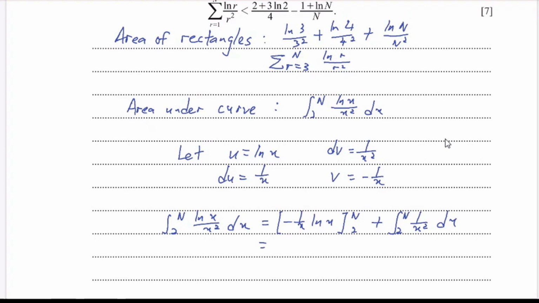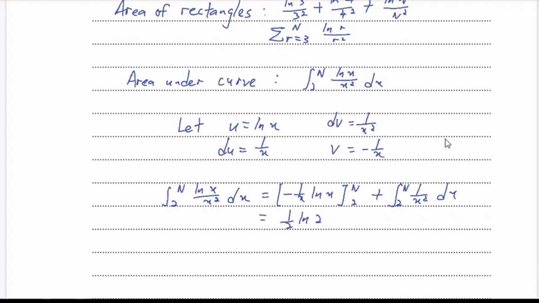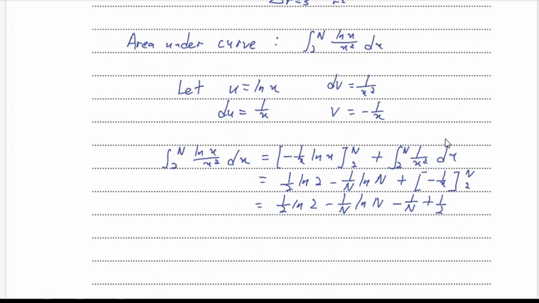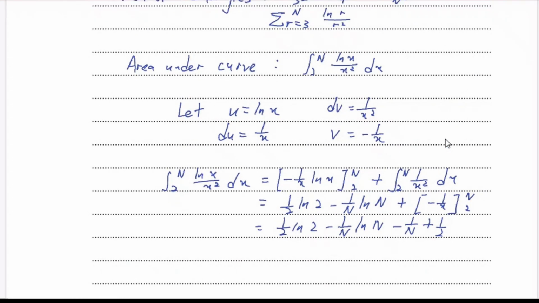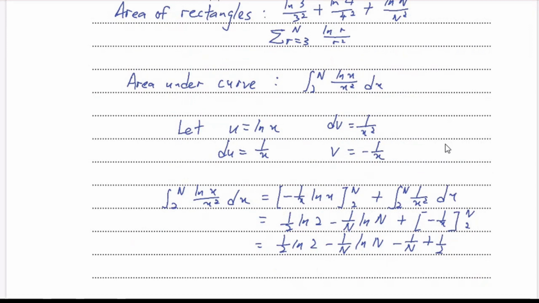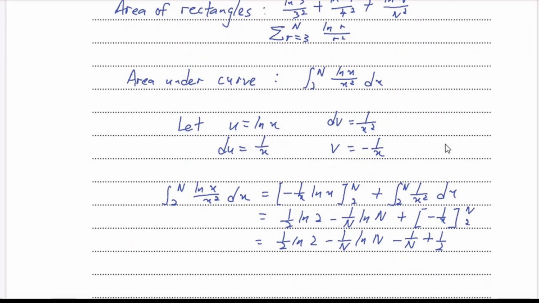We can then sub in, so we get 1 over 2 ln 2 minus 1 over n ln n. We also need to integrate this one to get negative 1 over x between n and 2. So just sub in everything. That's why it gives us 7 marks here. These are the expressions that we are getting. Later we might need to tidy that up, we are not sure yet, but let's see.